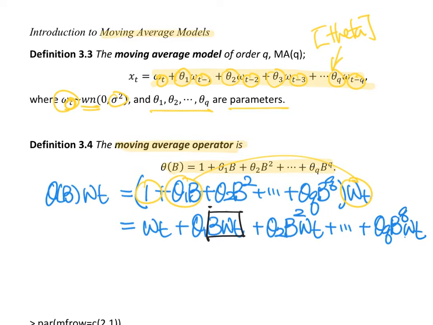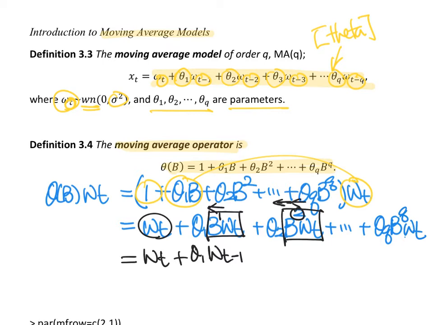Now here's B times W_t. You know B was the backshift operator, and the power is actually 1. So I take the W_t first, and theta 1 will be one time backshift. And here is B square, that is the backshift twice. So the third term will be theta 2 W_t minus 2.